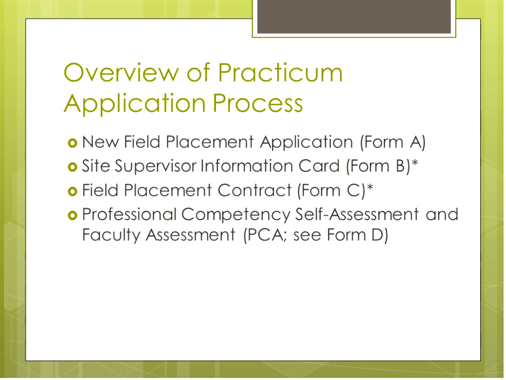So that's Form B. It's a hard copy because I want your site supervisor to fill that out and sign it, and that's what you deliver to me in person, along with the contract, like I mentioned, which is Form C. Print that out from the manual, have your site supervisor sign it, you sign it, and the administrator. So for a school, that's going to be the principal or the central office.